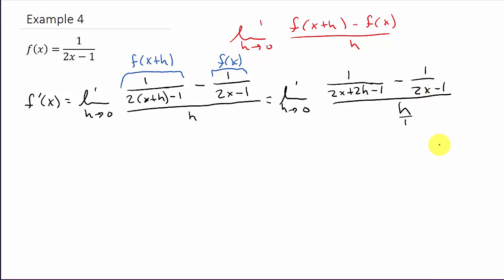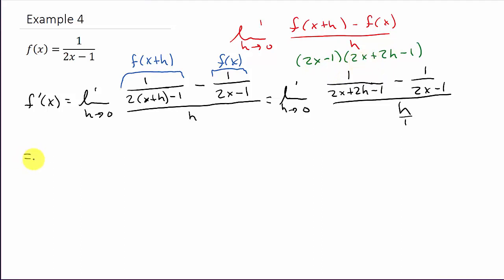To simplify a complex fraction, all we do is multiply each term by the common denominator. What's the common denominator? That would be 2x minus 1 times 2x plus 2h minus 1. So we're going to multiply each term by this common denominator.